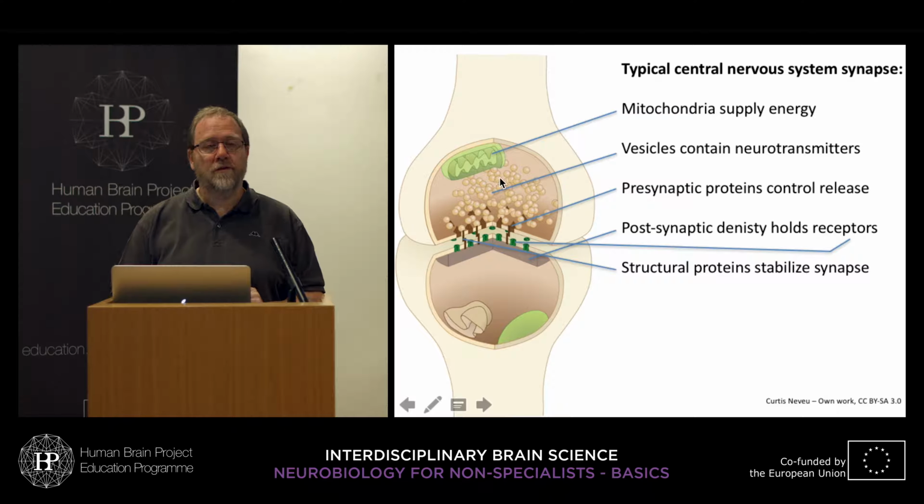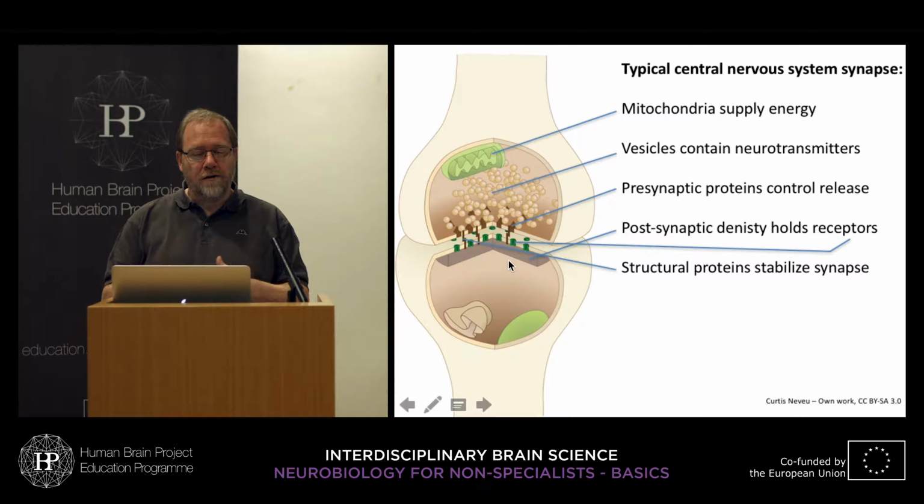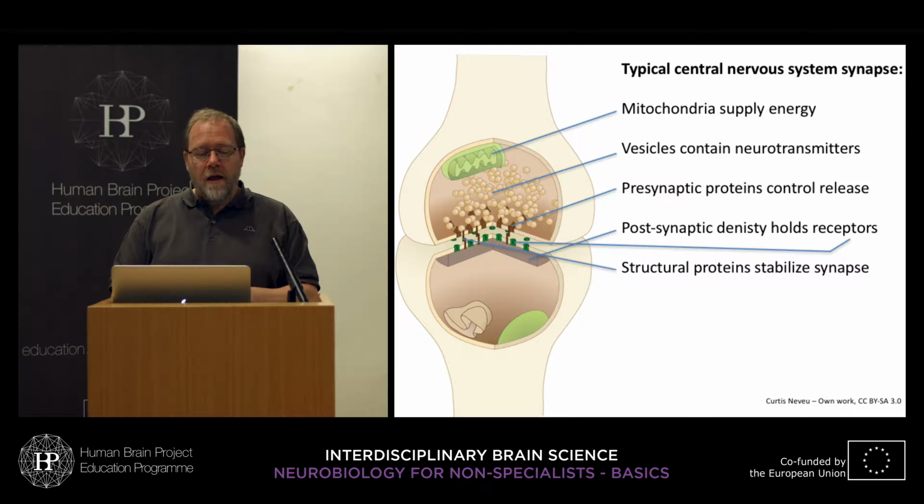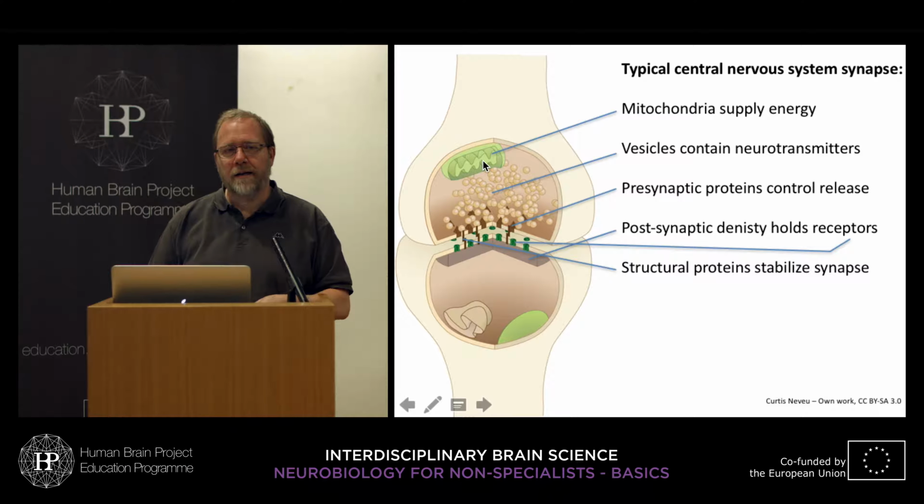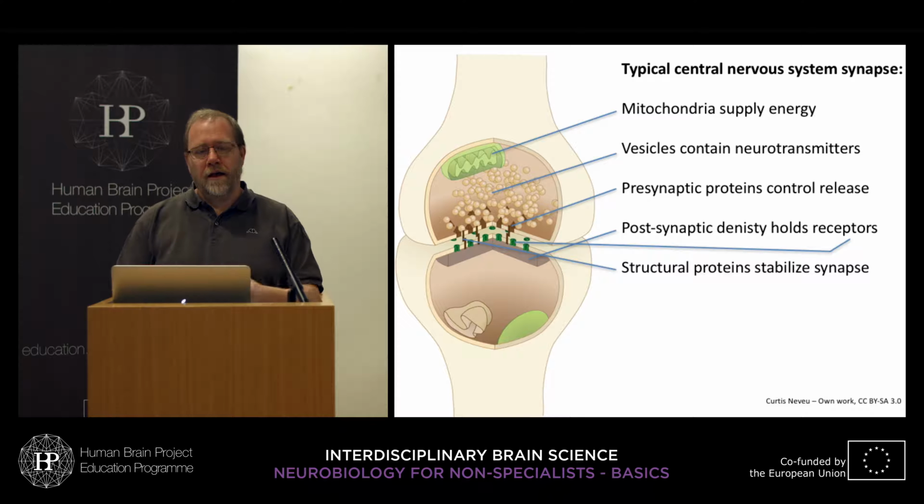This is usually part of an axon, and this is mostly part of a dendrite, but it can, as I said, also sit on another axon or on a cell body. In these structures, we again find mitochondria, because we need a lot of energy in the synapse to pump ions, to generate all the things we need.